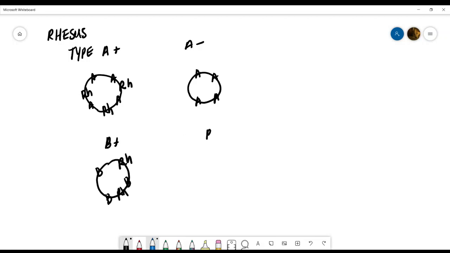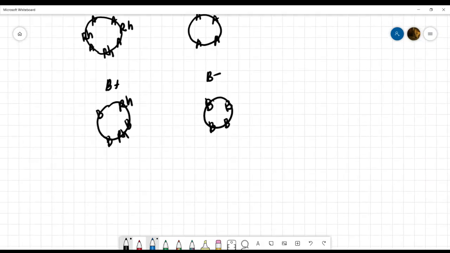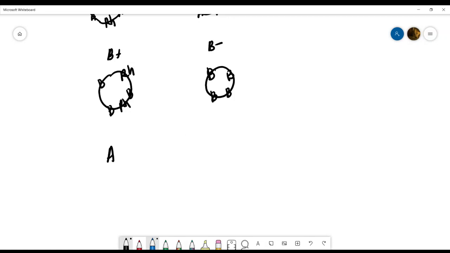If you're B negative, you just have the B proteins on the membrane. If you're the AB blood type, it can be AB positive or AB negative, which means you have alpha and beta and Rh at the same time.